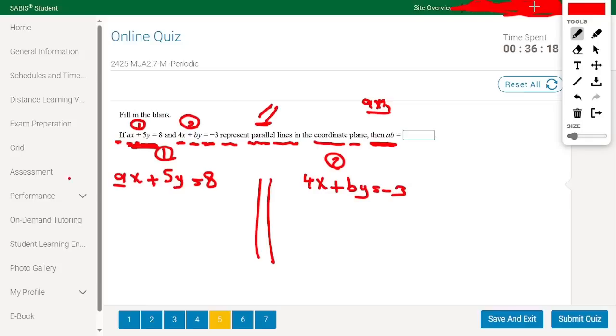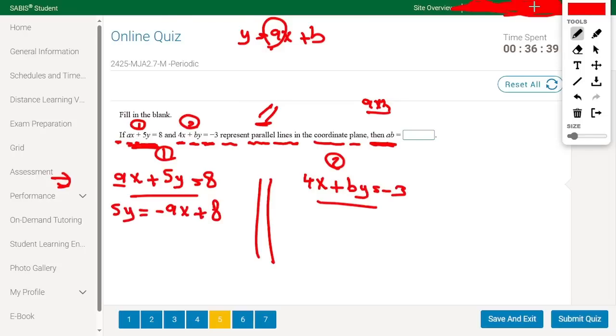So first let's make the two lines in the form y equals ax plus b, where a is the slope, and because they are parallel, the slopes are equal for both lines. So here we have 5y equals minus ax plus 8. ax will go to the other side with minus ax. Now divide by 5, divide by 5, divide by 5. So y will equal minus a over 5 x plus 8 over 5.